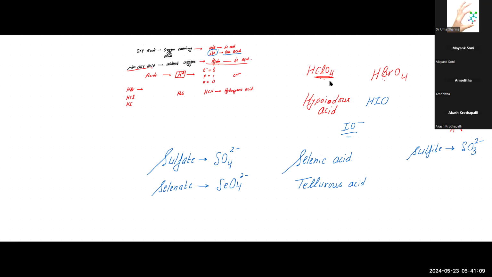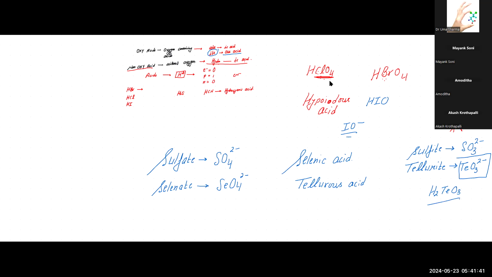No? Okay. This is sulfite. So, what is tellurite? They are in the same family. Give the formula of tellurite. Yes, Amodita. What's the formula of tellurite? Where is the charge? Take care of the charge. 2 minus. Now, how many hydrogens can come in front of this? How many H plus? 2. So, that's the formula. Yes, Akash. Good. Amodita, understood?